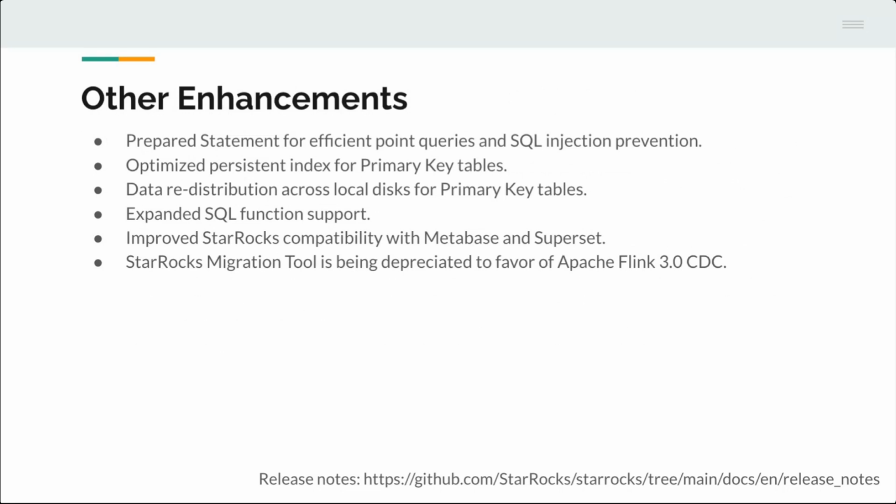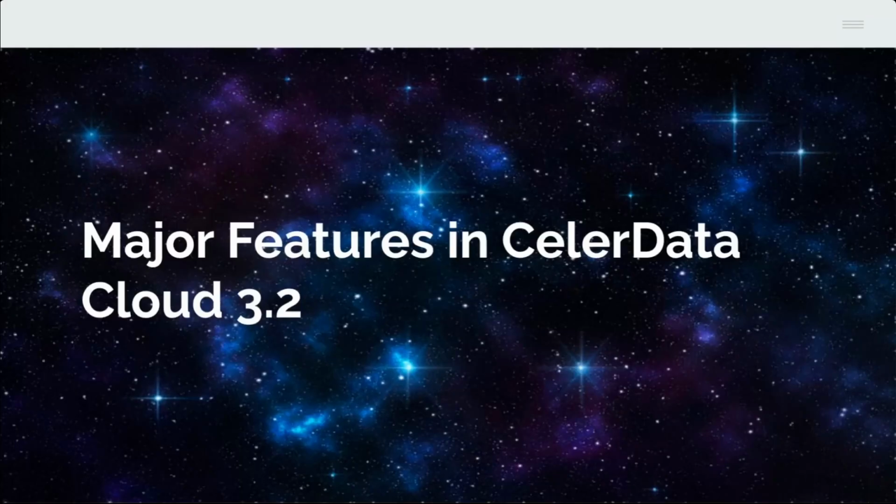The idea is that if you're coming from a different database and trying to migrate data, terabytes, petabytes of data, we encourage you to use the Apache Flink toolkit. There's an article on how to use this tool to migrate your data from one database to another.